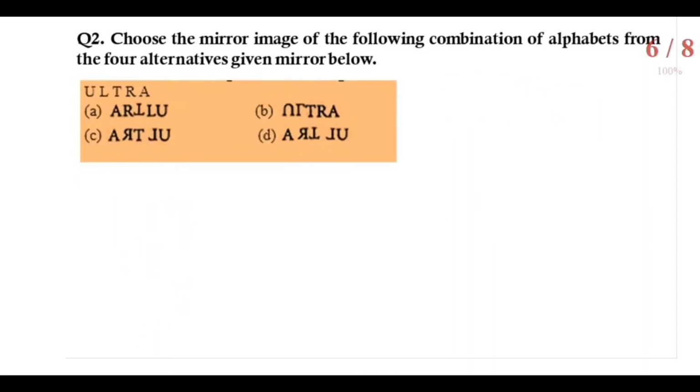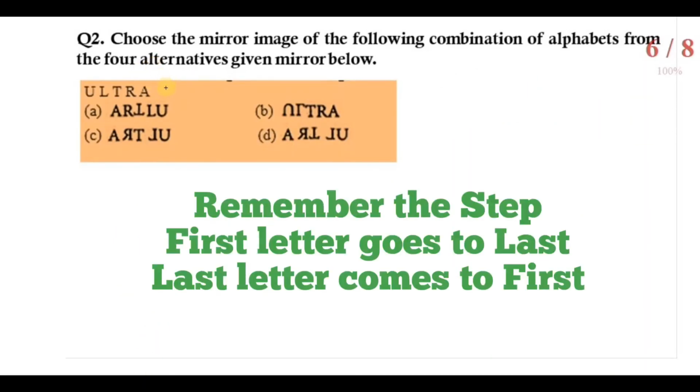We will take another example, that is ULTRA. Here we have to take the reflection. We can solve based on the four options given. Lateral inversion means the first becomes last, and the last becomes first.